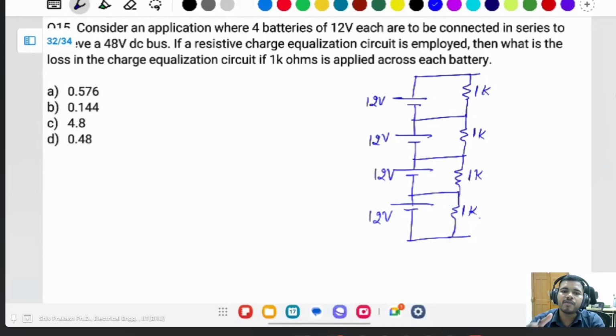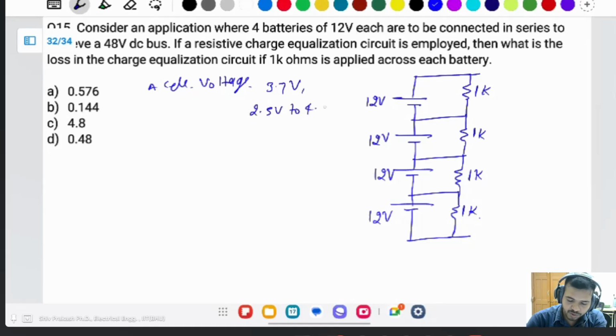Do you know about the lithium ion battery? A lithium ion battery is formed as a stack of cells, a number of cells connected in series and parallel. A cell voltage rating is nominal 3.7 volt only. The range is 2.5 to 4.2 volt.